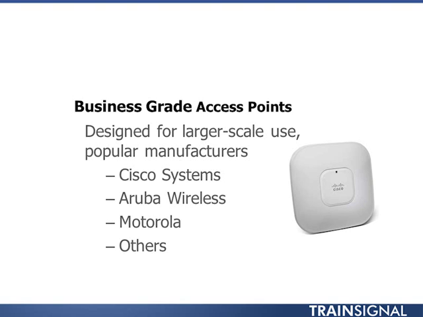Some of the high-end Cisco products can be almost close to $1,000, but they provide advanced features like the ability to sniff the air and detect interference, look for rogue access points, etc. So again, depending on the features that you want on your access point, you will pay more.